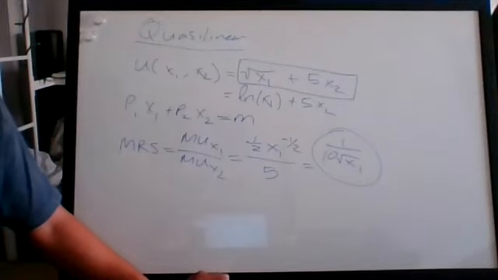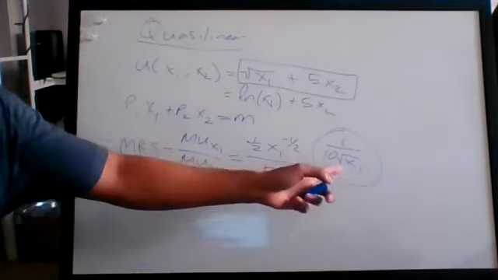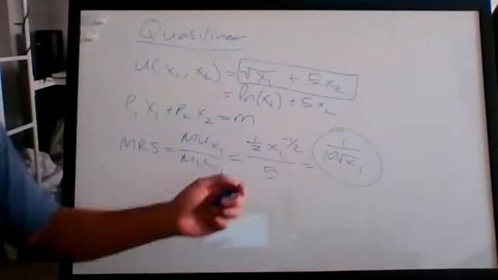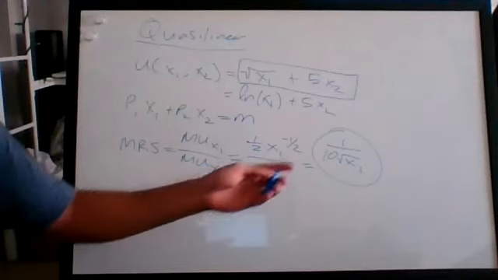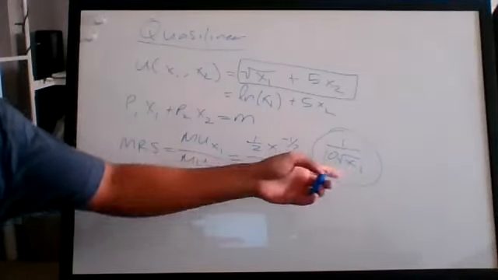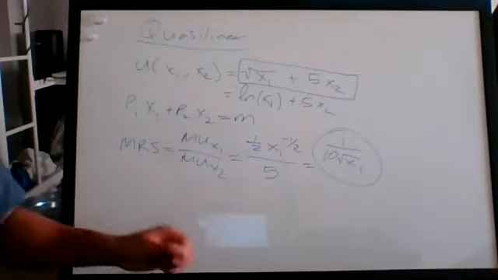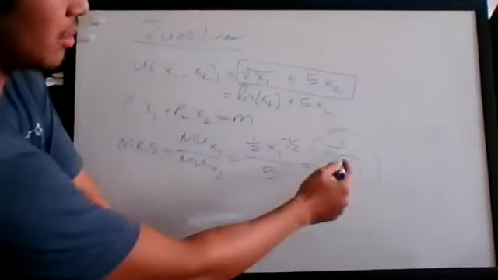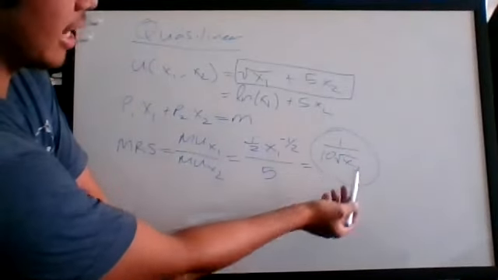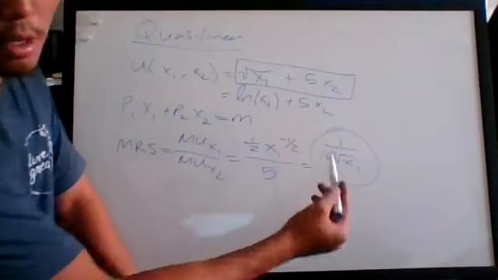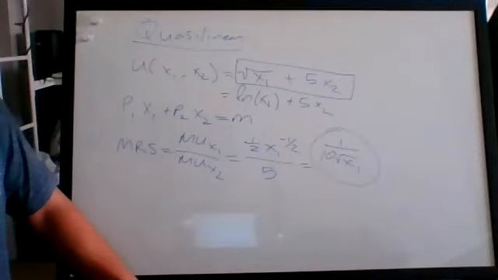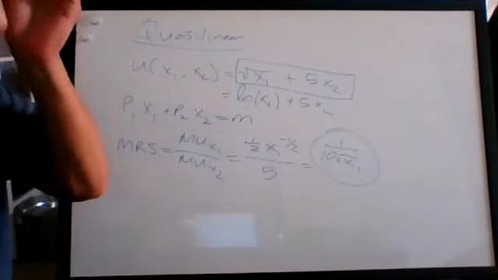And this actually has diminishing marginal rate of substitution if you take a look at it closely, right? Even though there's only one term in here. If x1 goes up, my MRS should go down, right? And that's exactly what happens in this case. As x1 increases, the denominator also increases, which is going to bring the value of the MRS downwards, right?